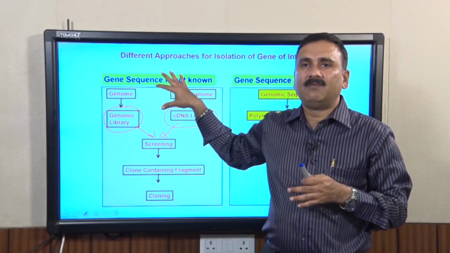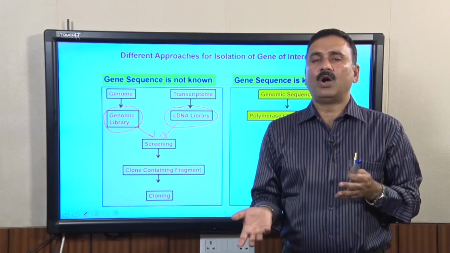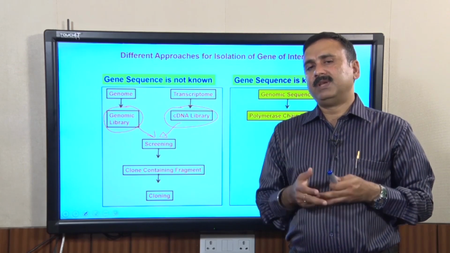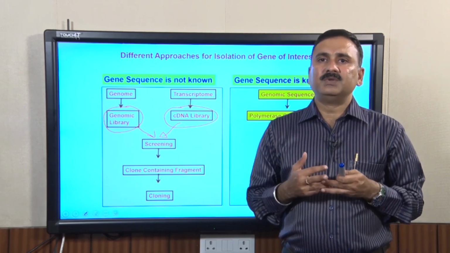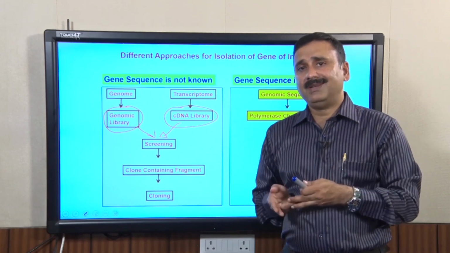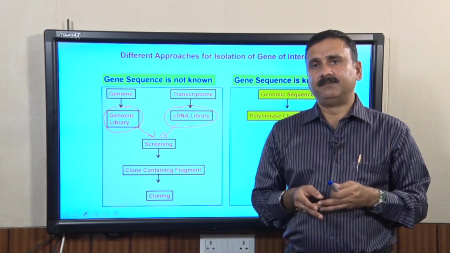Under this we have also discussed how to prepare a genomic library and how to prepare a cDNA library. In the subsequent lecture, we are going to study how to screen the genomic library or the cDNA library to isolate your specific gene sequence. Thank you.